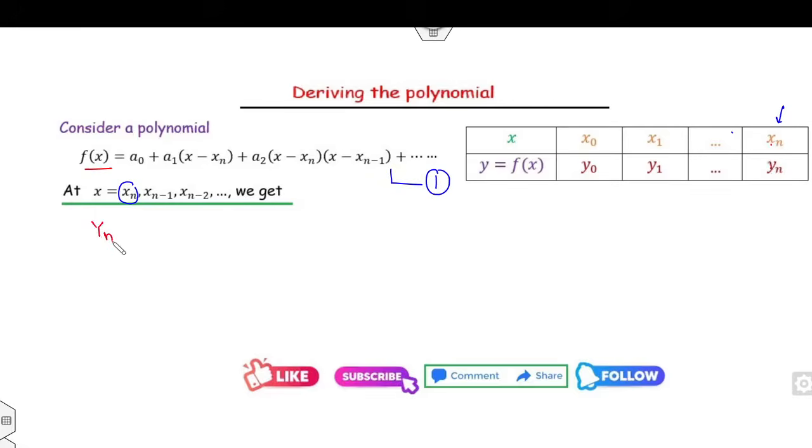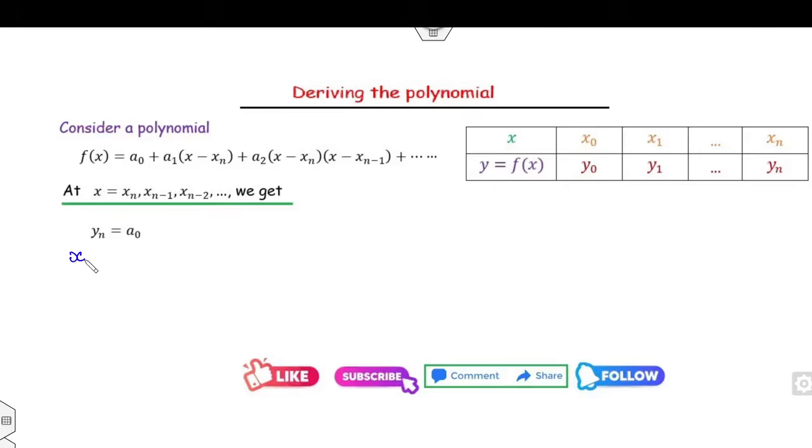This is my yn, this is a0 plus a1 (xn minus xn) plus a2 (xn minus xn)(xn minus xn minus 1) and so on. Clearly, these quantities are 0. So the only quantity left is yn, which is a0.